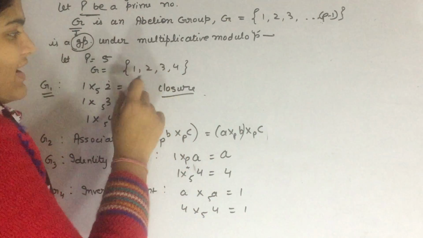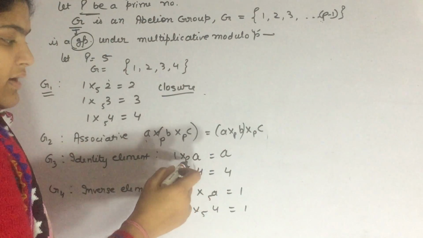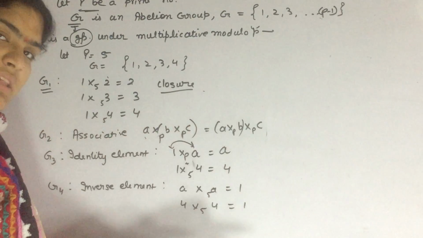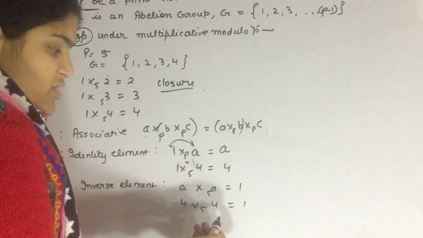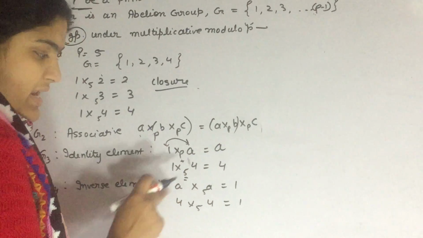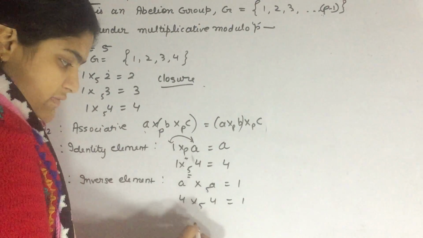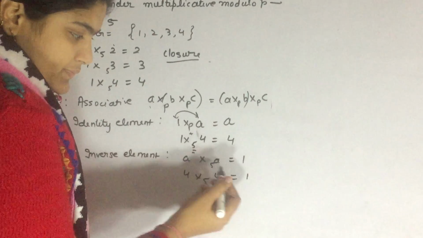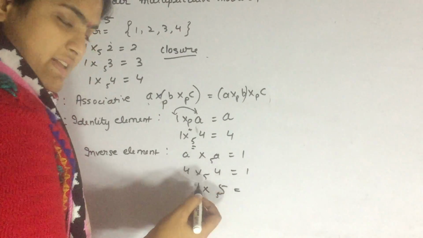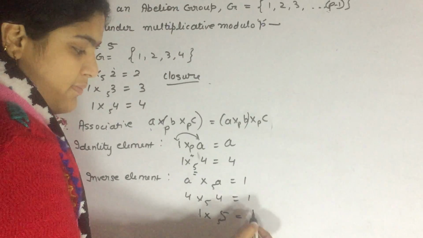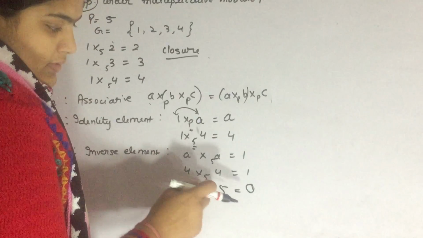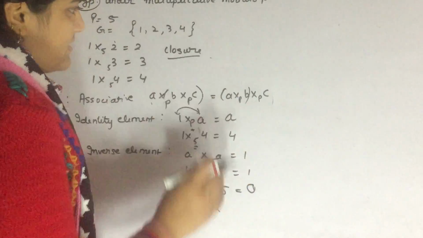So how can we find out what will be the number which on having the multiplicative modulo gives the same number? It will be a number having a value less than 5, because when you take 5 with respect to 5, 5 divided by 5 brings out 0, and 6 is not there.